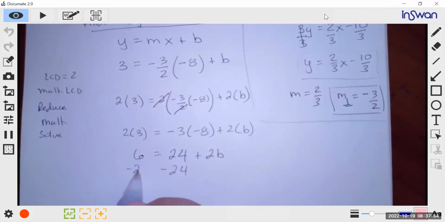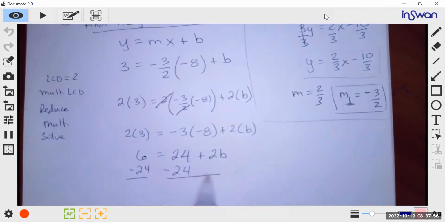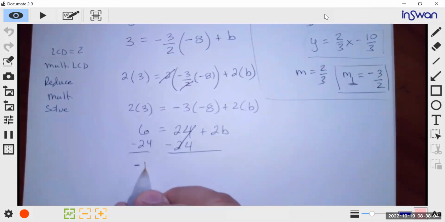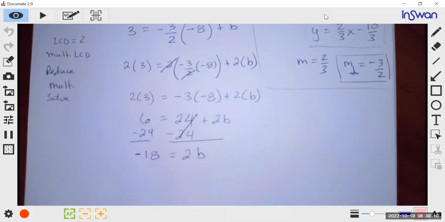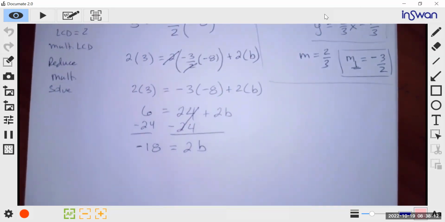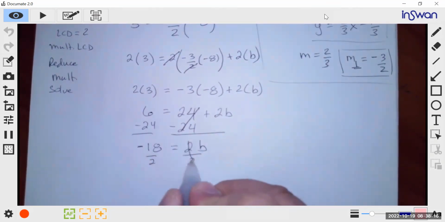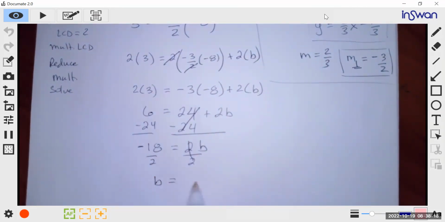Subtract 24 from both sides. 24 is bigger than 6, so it's negative. 24 minus 6 is 18. Equals 2b. Divide by 2. So b is equal to negative 18 divided by 2, which is 9.